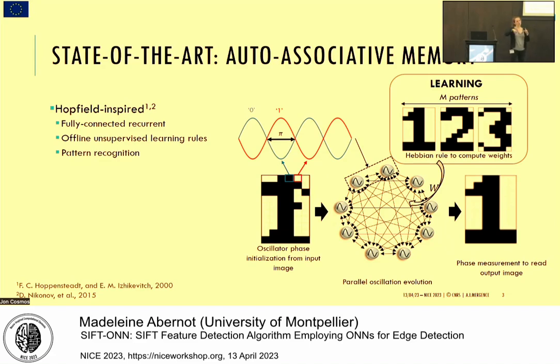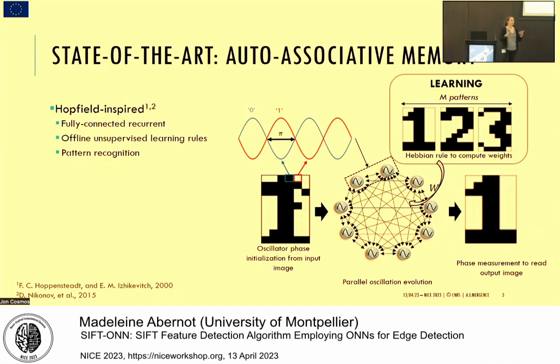If you couple all your oscillators together, you can memorize patterns inside your coupling by using unsupervised Hebbian learning. When you input a corrupted pattern, it will evolve in time and stabilize to one of the memorized patterns. The issue is that it uses a lot of synapses because it's fully connected.